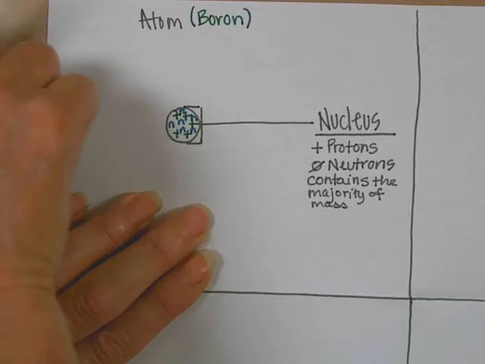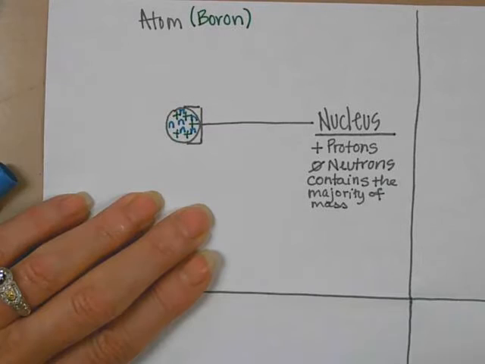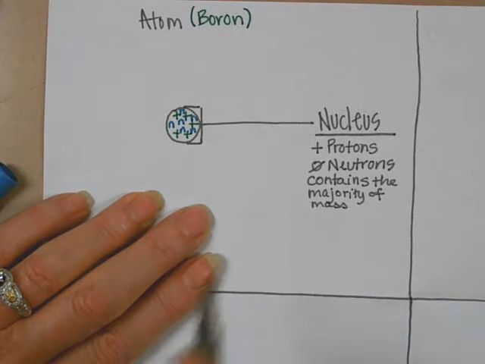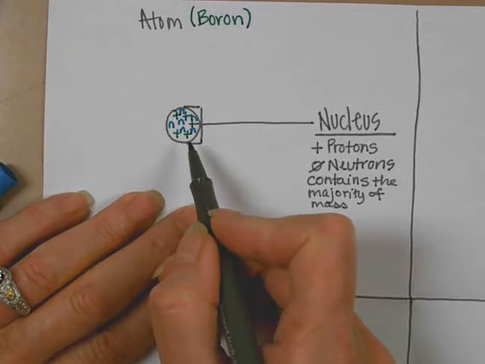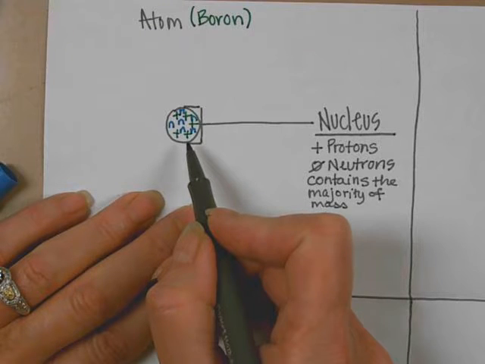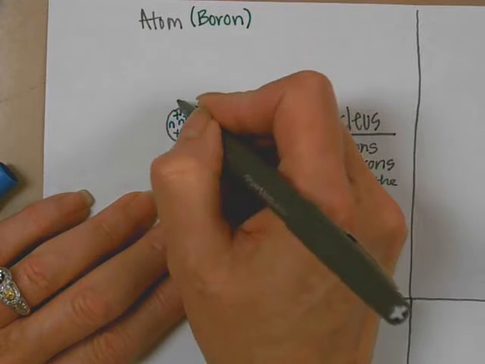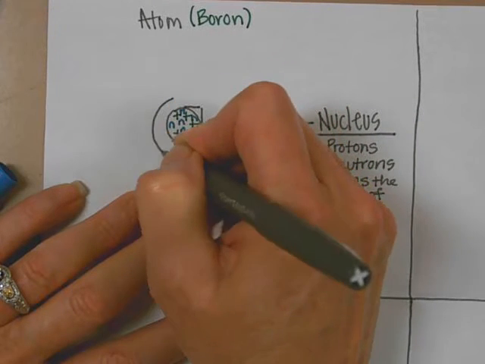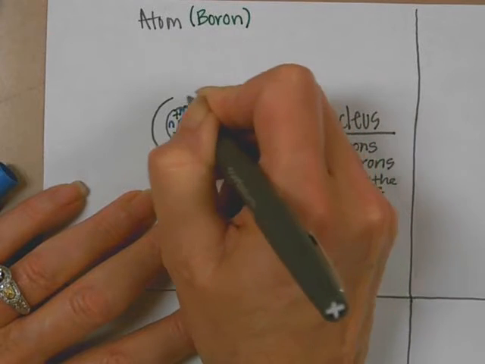And then now we are going to draw the energy levels in the electron cloud. Boron has 5 protons, so it also has 5 electrons, meaning that I need 2 energy levels for my electron cloud, because the first energy level only holds 2.